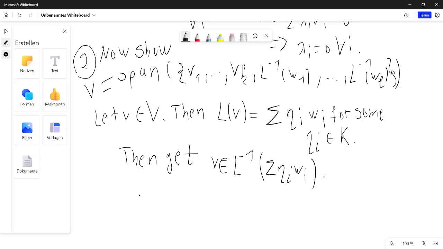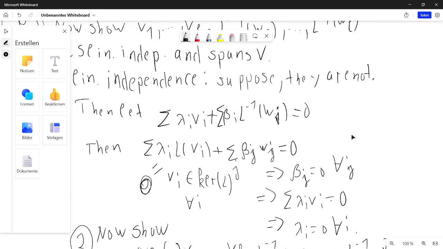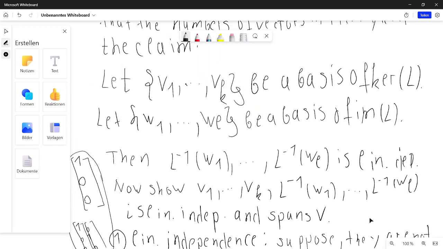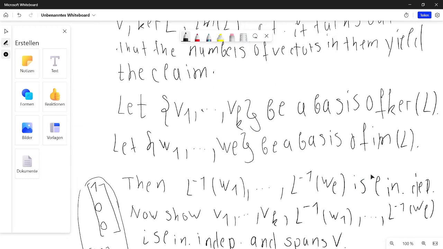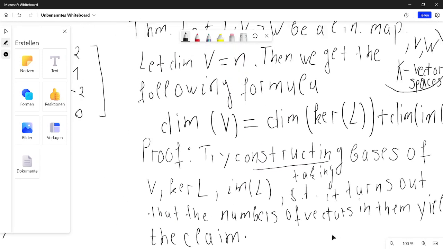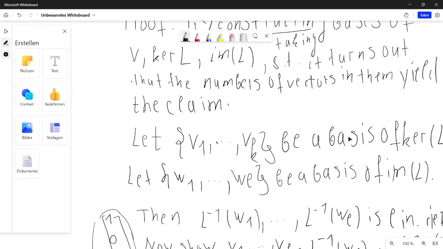Okay, let me do the following. Let a_1... and we don't know yet what dimension V has. We know nothing about the dimension of V in connection to the interesting dimensions. We only know the dimension of V is n just by assumption.